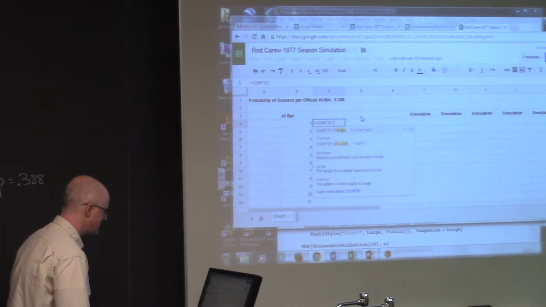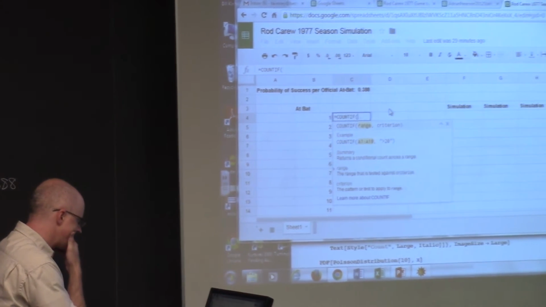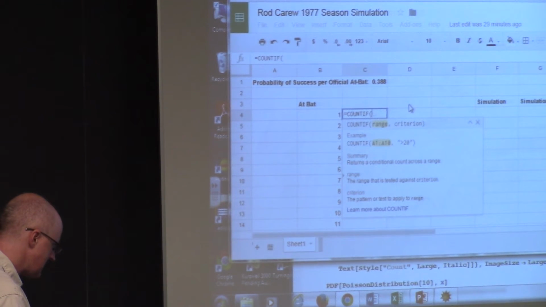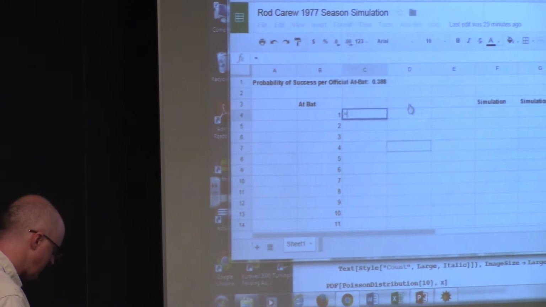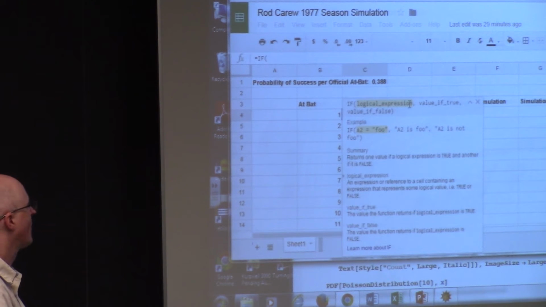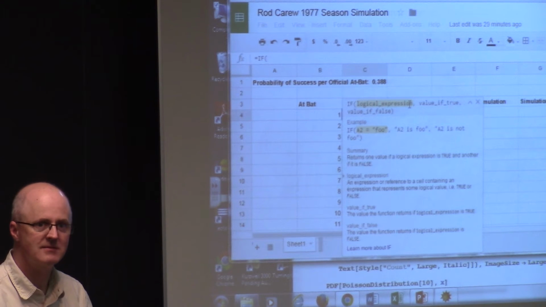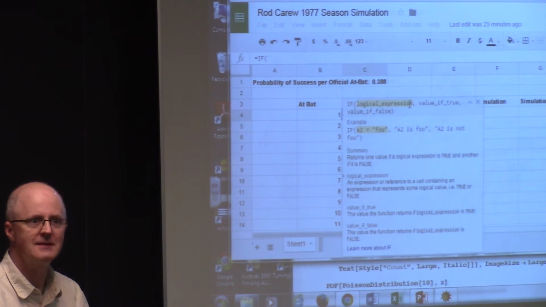What are we going to count? Let's see, that's not what I want, actually. I just want a plain IF. What am I going to do here? I'm going to generate a bunch of S's and F's, successes and failures, hits and non-hits.